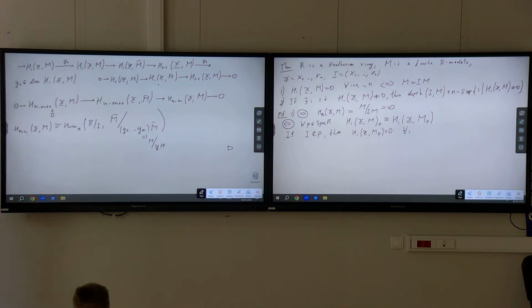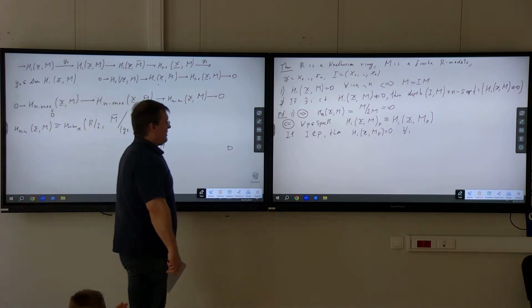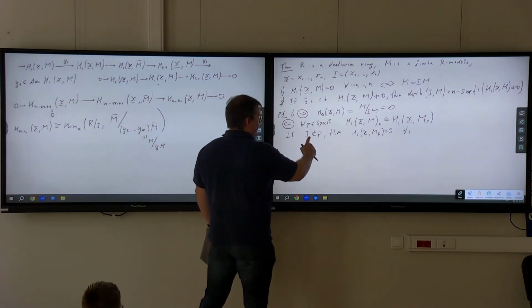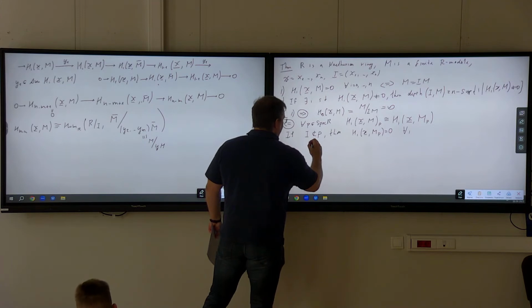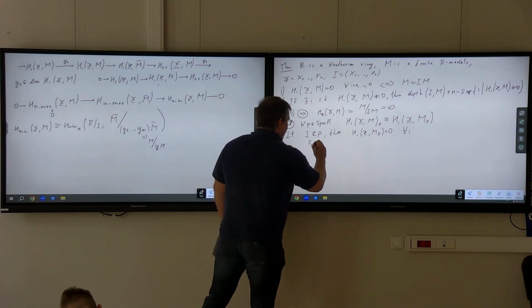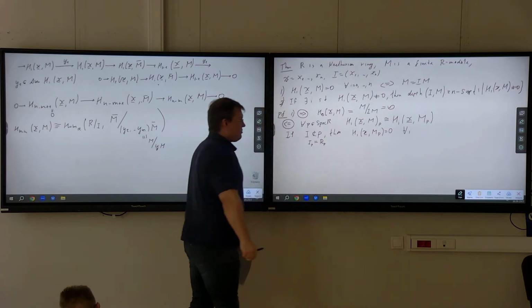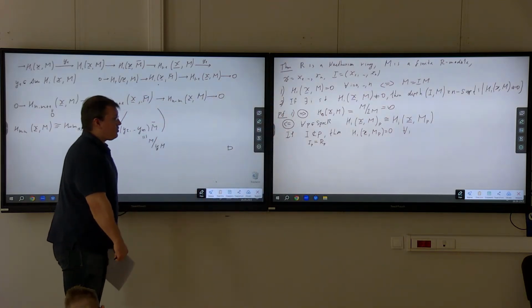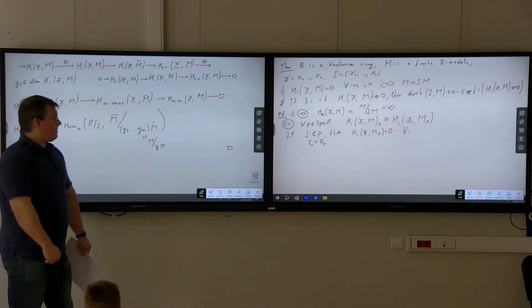Well, we actually already know one situation where we can immediately say that all the homology are 0: when I is equal to the whole ring. If I is not sitting inside P, then what happens if I localize this ideal at P? I'll get just the ring, right? Because I have some invertible elements in the ideal.